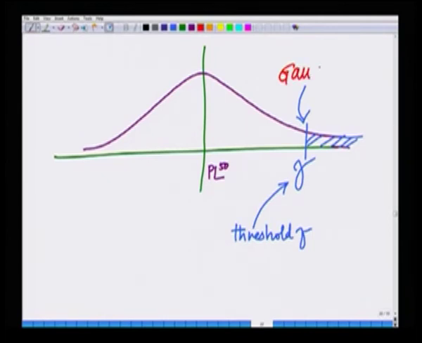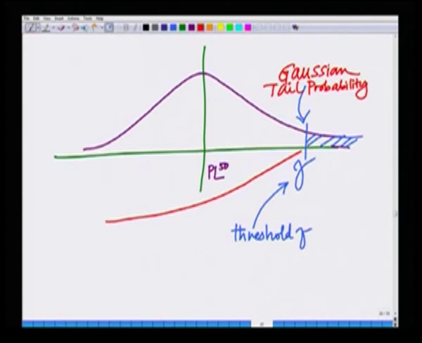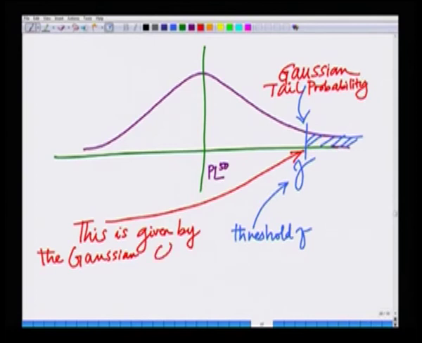This probability is given by the Gaussian Q function.